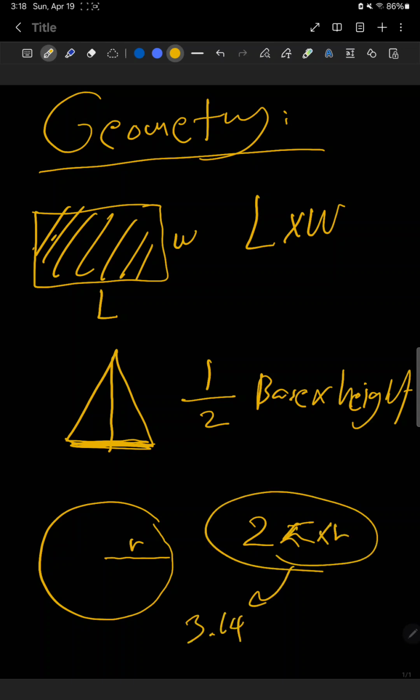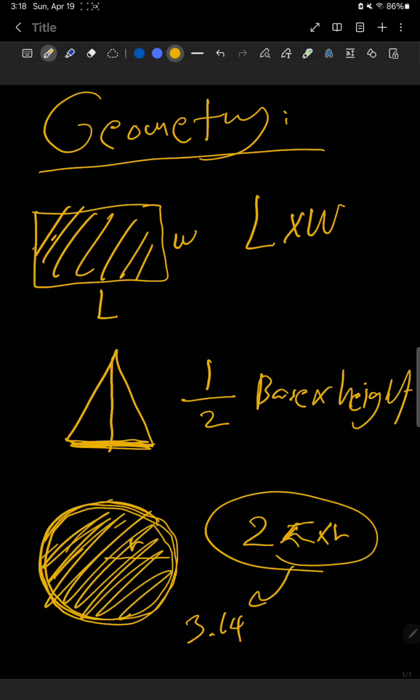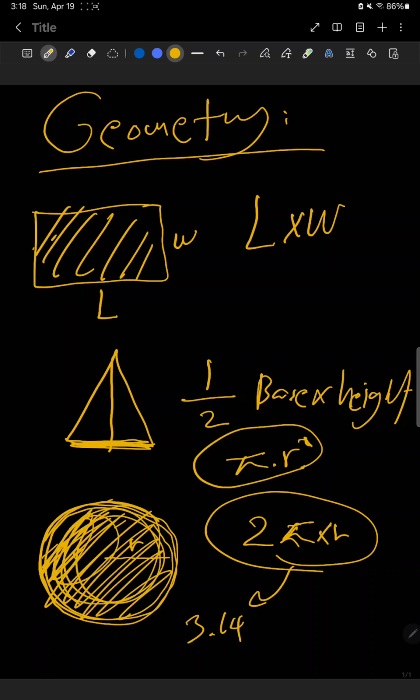The circumference is the length around. It's not the same as the area. The area of a circle is pi times r squared. This is the size in feet squared or meters squared, whatever. How cool is that?